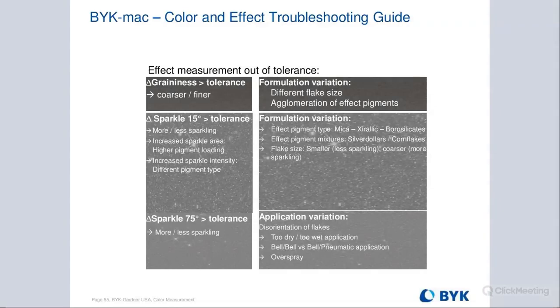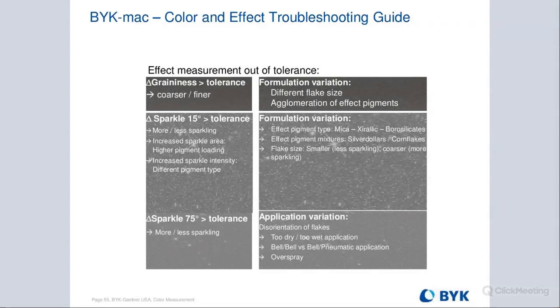So to reiterate what Ray was saying, depending on the orientation of the BYK-mac to your sample, you could get a very different result. Since the illumination is not exactly the same, your measurements won't be exactly the same, but typically they'll be pretty close to one another.